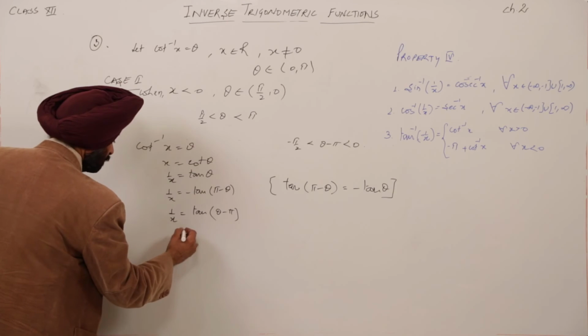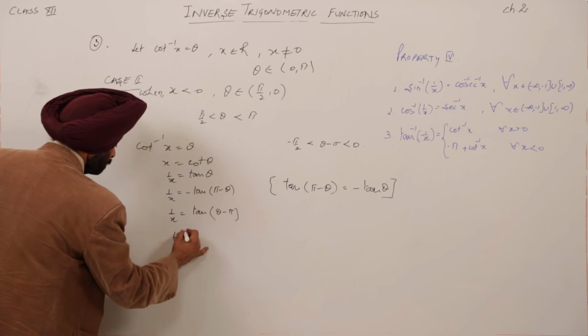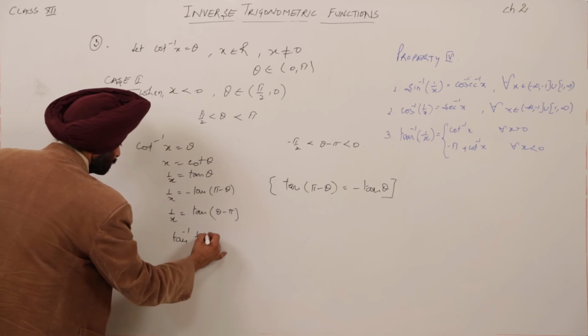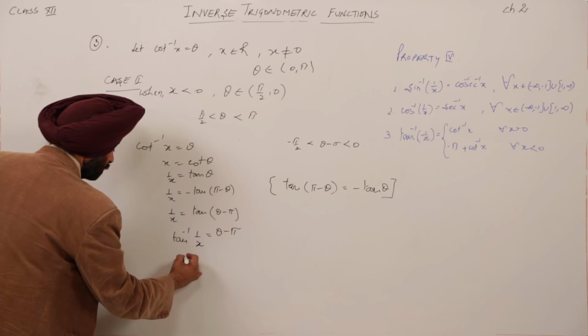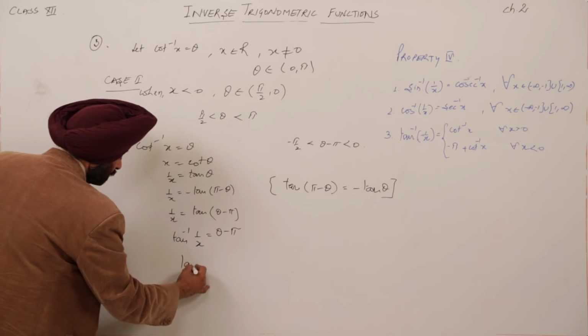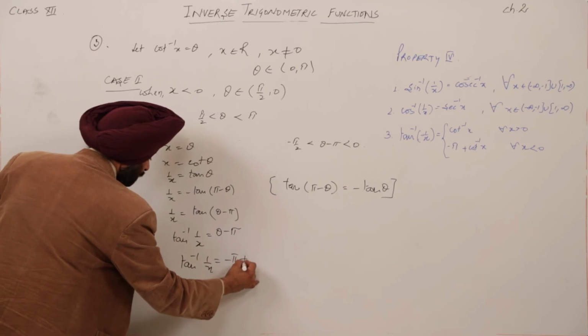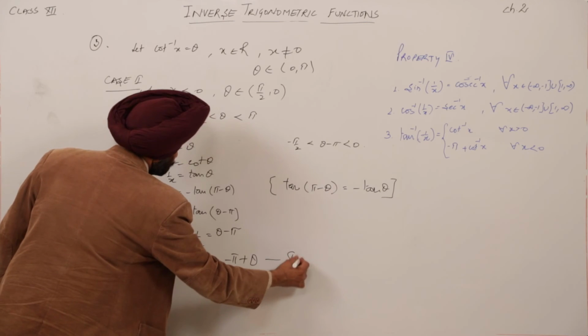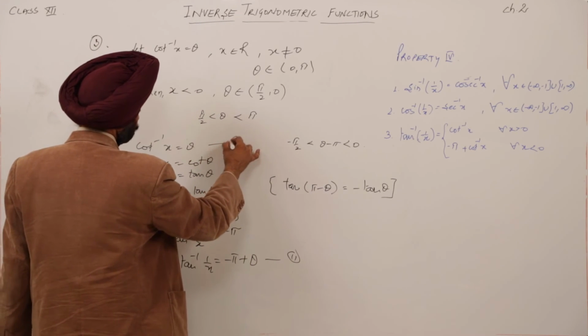Now tan inverse 1 by x is equal to theta minus pi, that is, minus pi plus theta. This is our second condition, and this is our first condition.